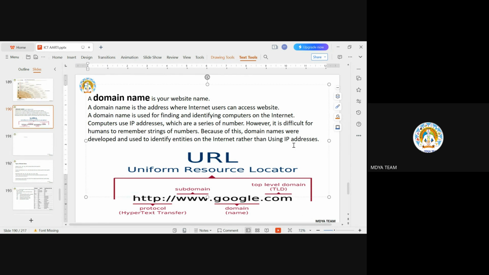Every website has its own address, so you can't remember those numbers, but you can remember names. That's why they developed the domain name. Okay.